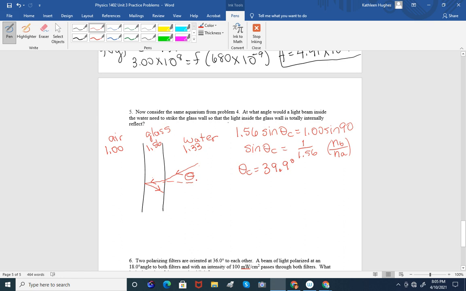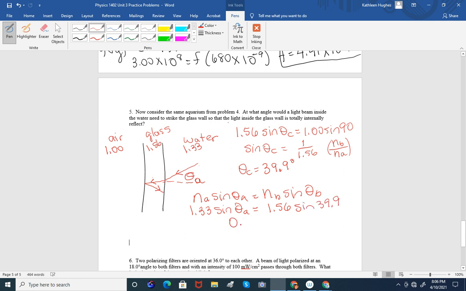I just have to figure out what this angle in the water is, my incident angle, theta A, and let this be my theta B. And I can figure out what theta A is. So, Snell's law, NA sine theta A equals NB sine theta B. So 1.33 sine theta A would have to equal 1.56 sine 39.9.